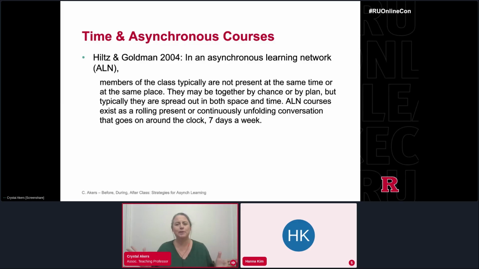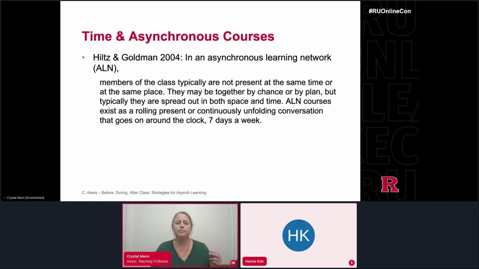Now, you know, as ubiquitous as online learning and asynchronous online learning is today, I think many of us do feel familiar with the idea of what asynchronous learning means. But I do think it's valuable to take a look at a definition just to examine it more thoroughly. So in Hiltz and Goldman 2004, they described what they called asynchronous learning networks. And that was the original term Hiltz gave this.